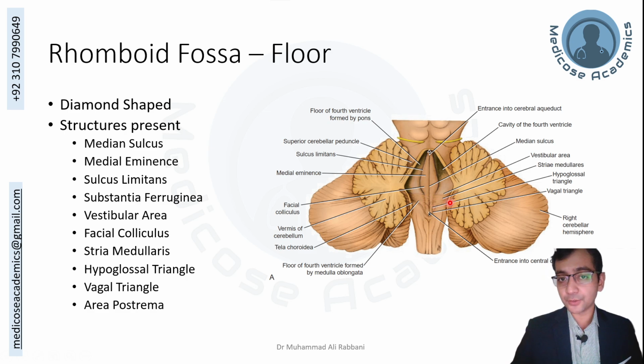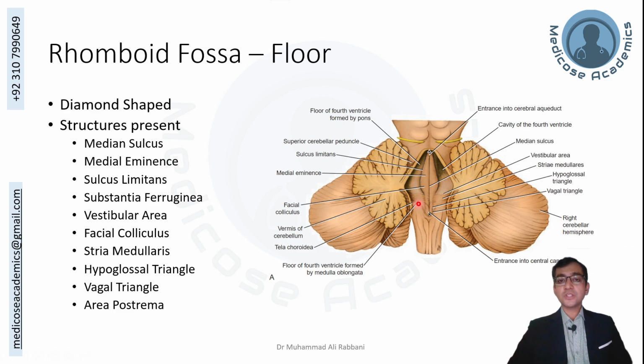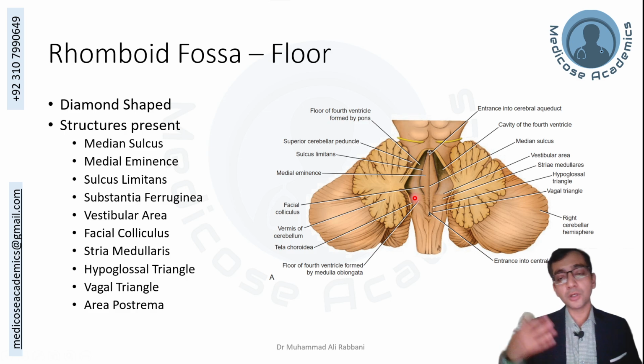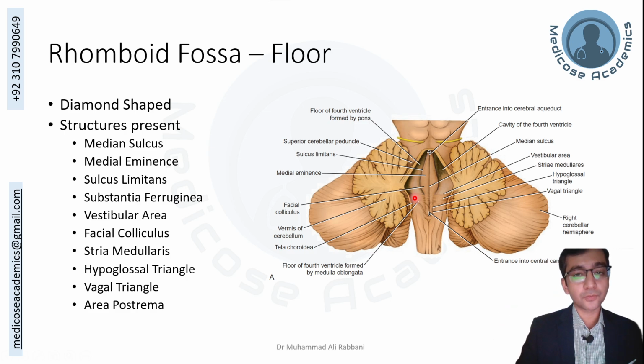These are the fibers on the way to the cerebellum, and they divide the pons above from the medulla below. Here everything is very crowded, but there is the hypoglossal triangle, hypoglossal nuclei, the vagal triangle, and the vestibular area. These are the different areas that can be seen in the posterior aspect of the brainstem or the floor of the fourth ventricle.